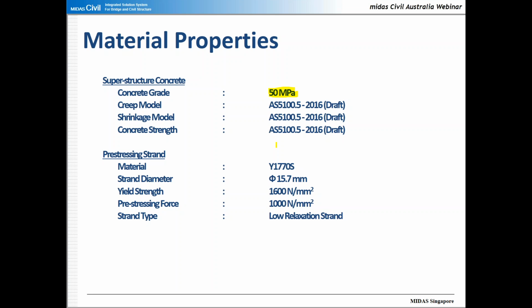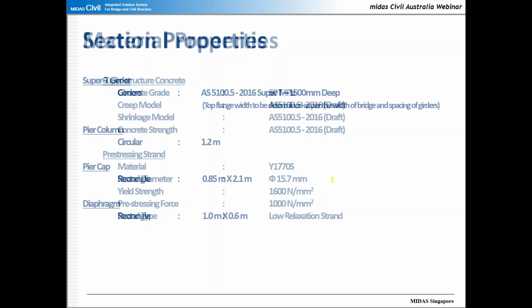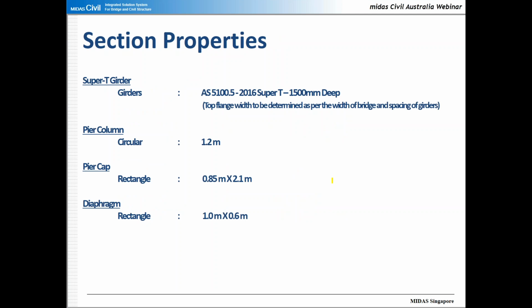Then we have the information about the pre-stressing strands. So the strand diameter is 15.7 mm and the yield strength and the pre-stressing force is also mentioned on this slide. We will be using the low relaxation strand for our model today, and we will calculate the relaxation loss as per AS5100.